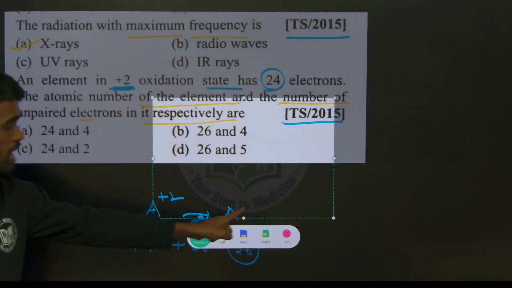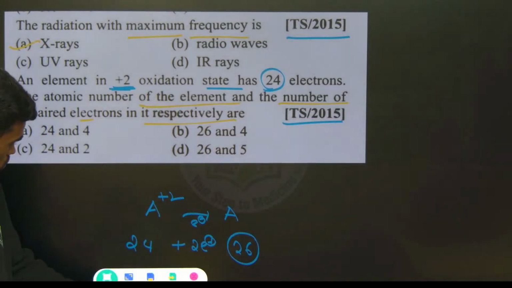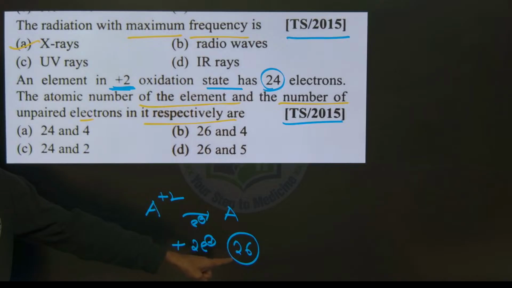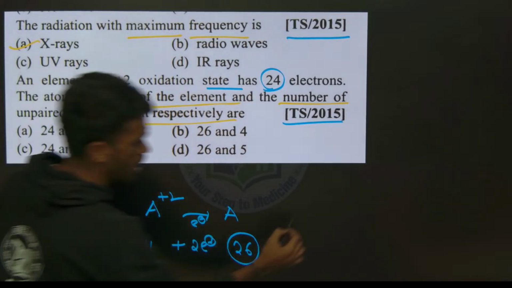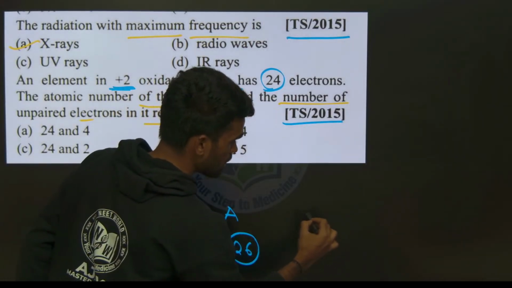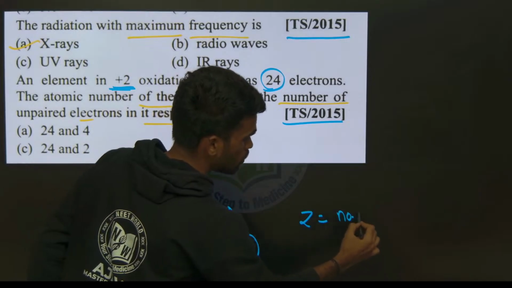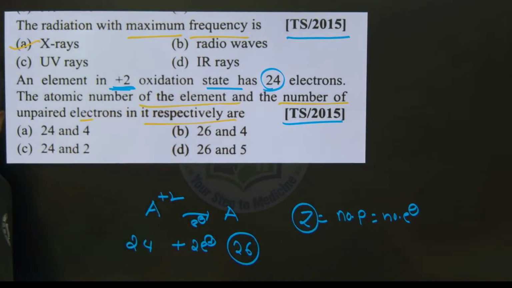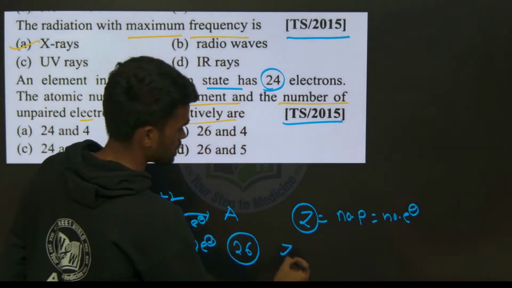So the atom has 26 electrons. For an atom, atomic number equals number of protons or number of electrons. So what is the atomic number? Z equals 26.